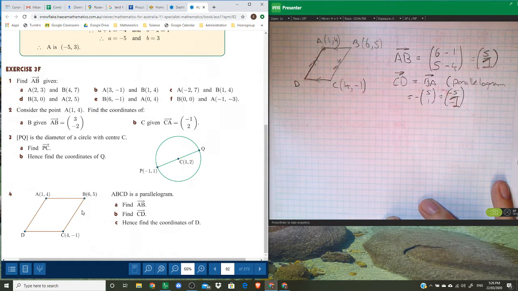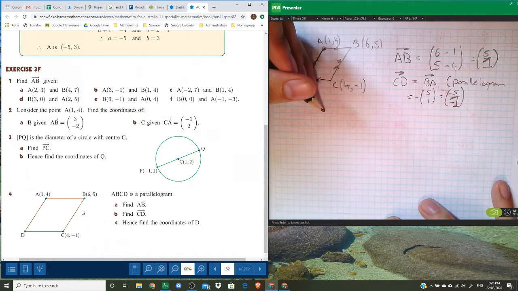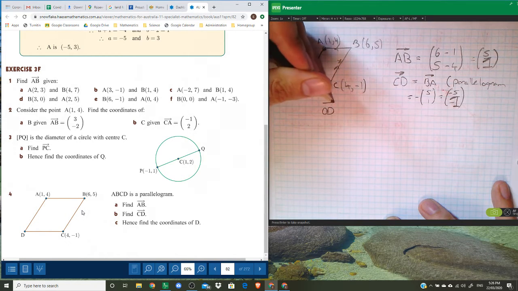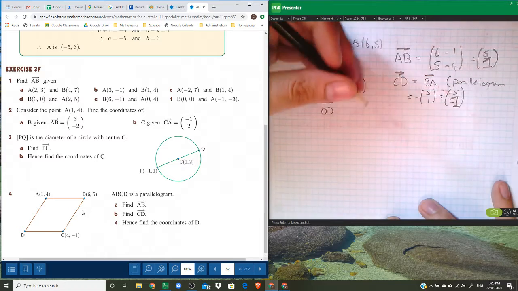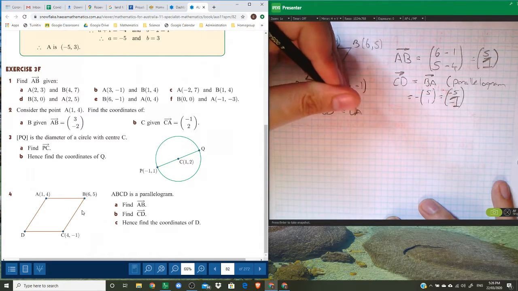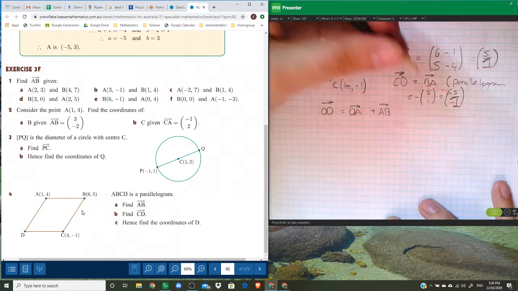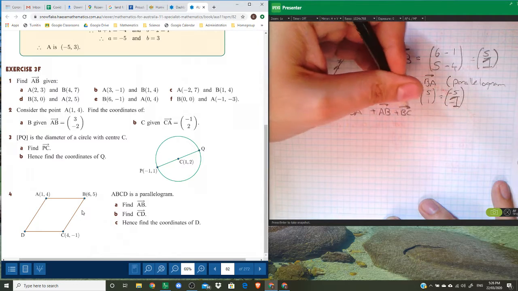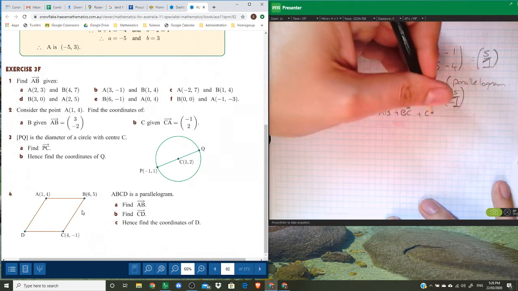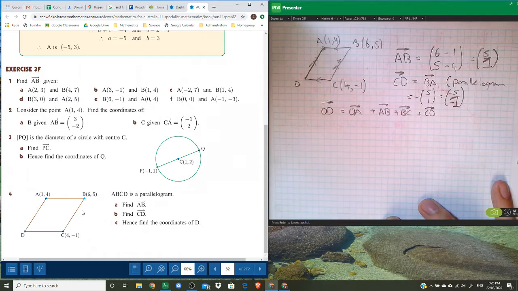All right. Hence, find the coordinates of D. Well, if I want to find D, OD, the position vector, so you find the coordinates, equals, we can start from O to A, plus A to B, plus B to C, plus C to D. So that means the origin point is over there.